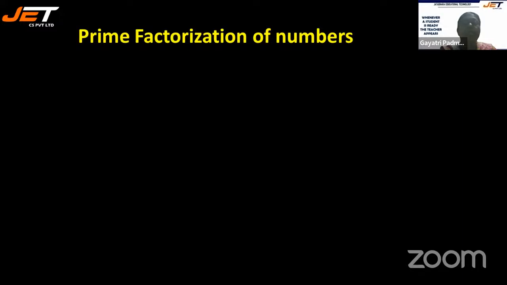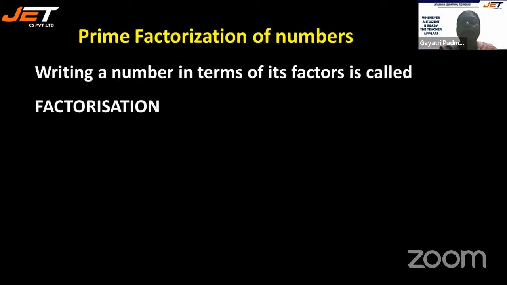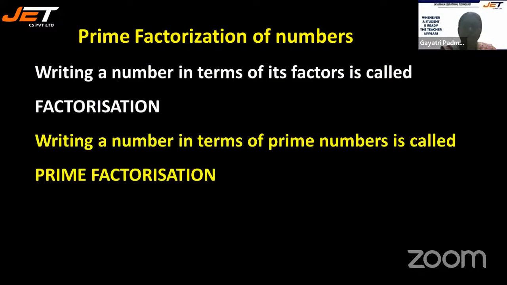Now let us consider another example. Writing a number in terms of its factors is called factorization. So writing the number in terms of prime numbers is called prime factorization. All right. So these are very, very important terms, students. So you must very carefully understand. And these things we learn once and then we forget them, so it is always important that we keep learning and keep revising.